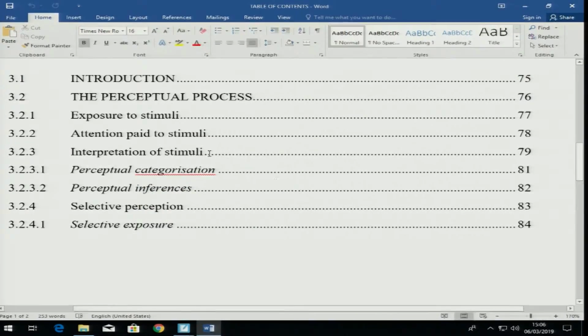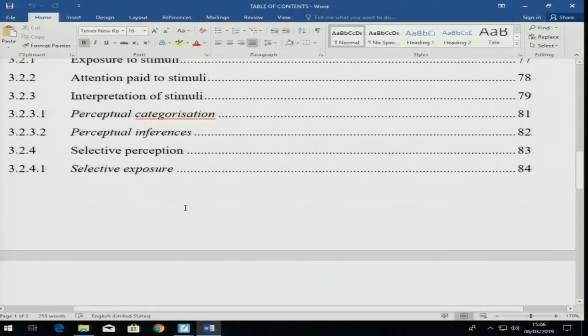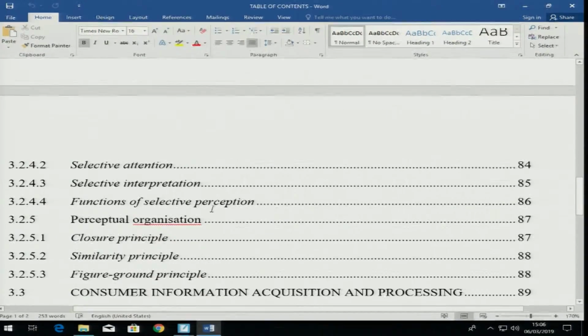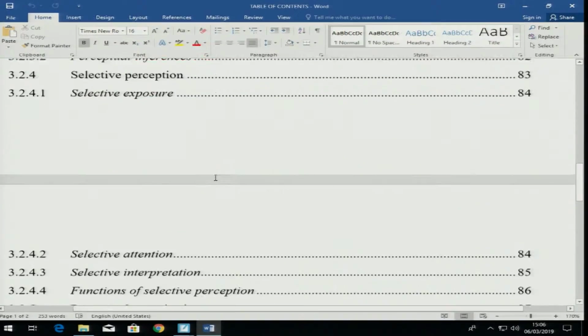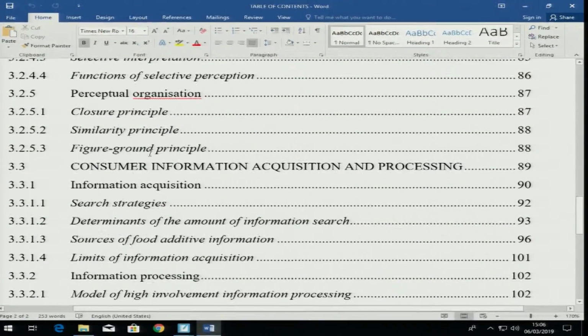Also, apart from interpretation, we get selective interpretation, which consists of another 4 topics. Also, our perception in the perceptual process needs perceptual organization, which is a closure principle, similarity principle, figure ground principle. Then only you come to the next main topic.